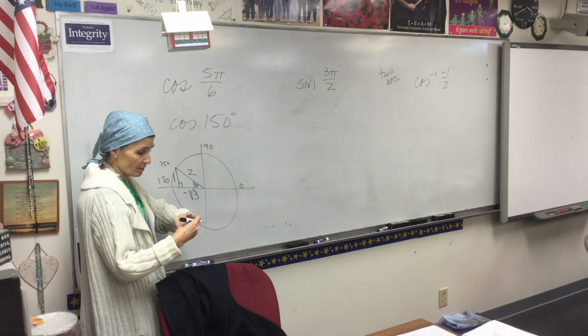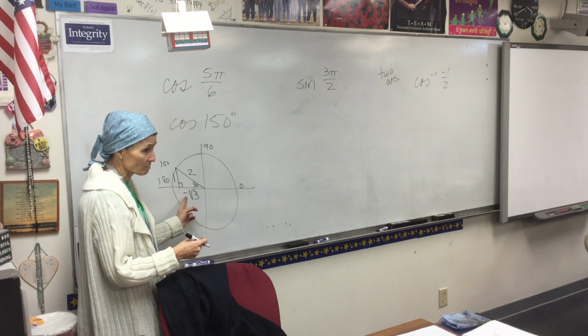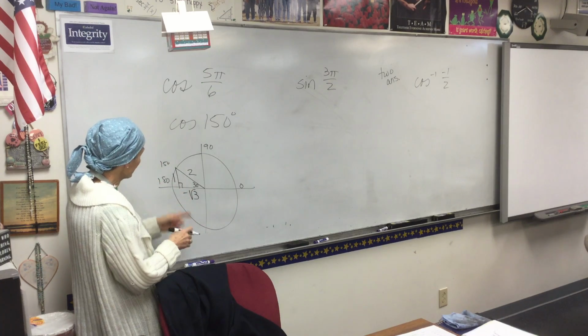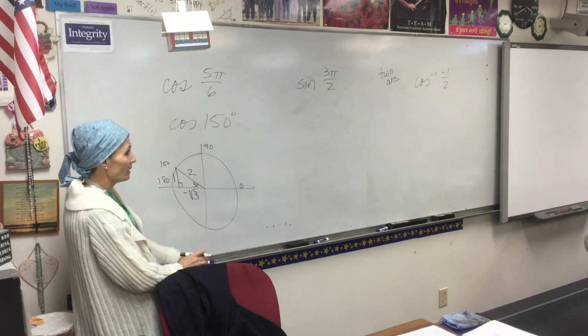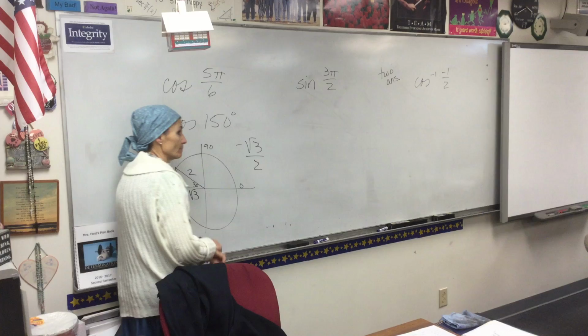Even the kids that know how to do everything miss points sometimes because they forget these negatives. Please, please, please don't forget your negatives. All right, I want the cosine. What's the cosine? Adjacent over hypotenuse, which would make it negative root 3 over 2 as the answer.